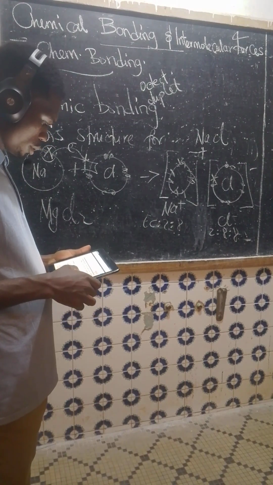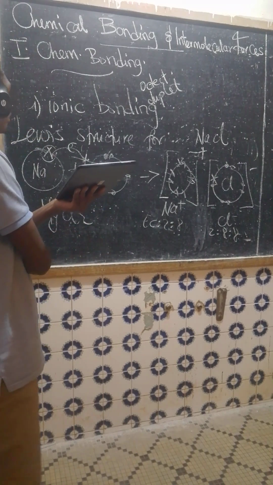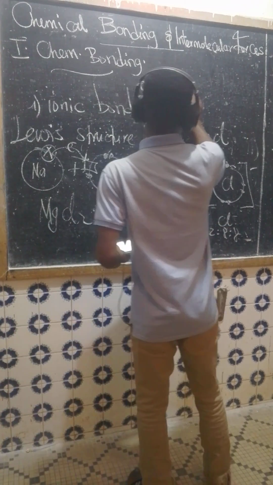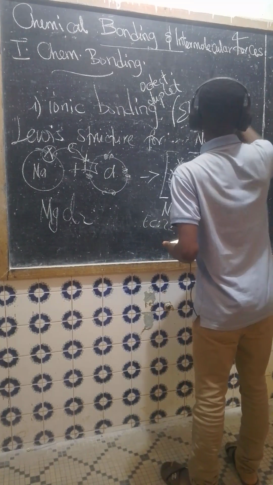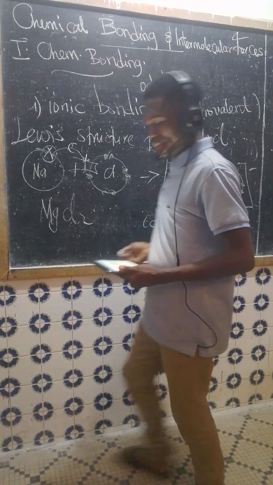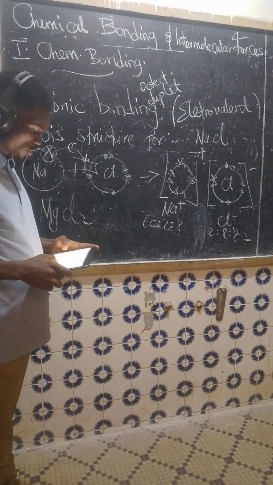Okay, so that's the ionic bond. Another name for ionic bond is the electrovalent bond. Good to know. We either call it the ionic bond or electrovalent bond.